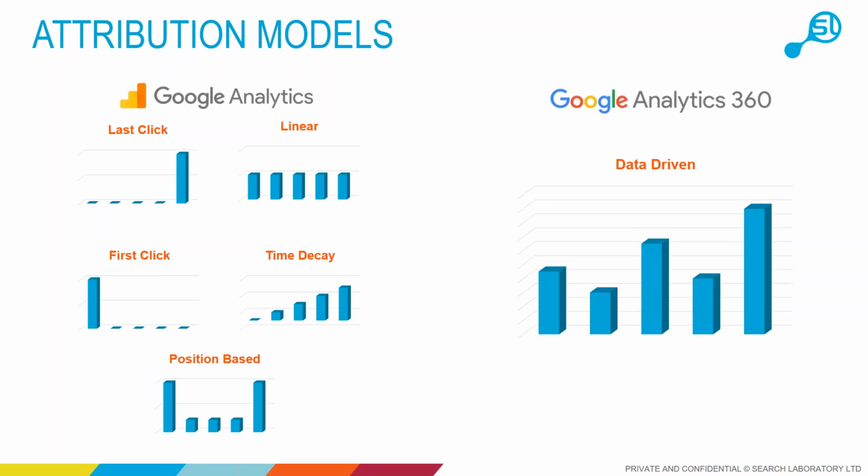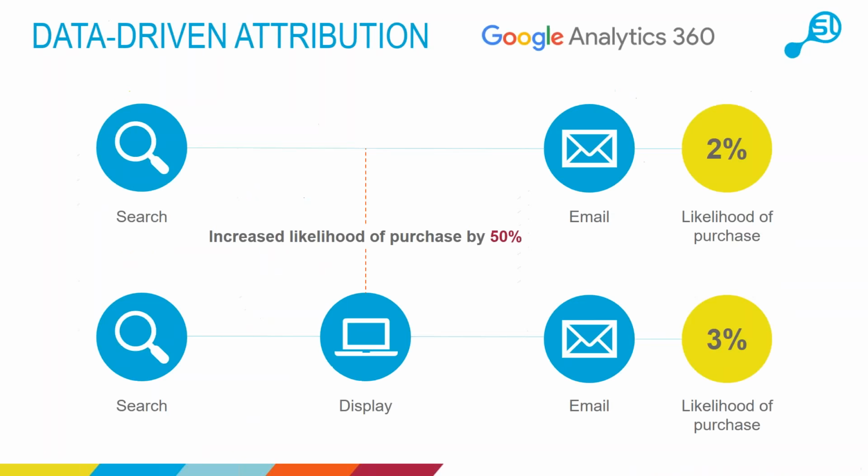So one big selling point of GA360 is that it includes a data-driven attribution model that uses data from all converting and non-converting paths to try and determine scientifically the effect of each channel in specific path positions. To demonstrate a little about how it does this, we can consider these two paths. As you can see, they're identical with the exception that the second path has a display engagement in the middle.